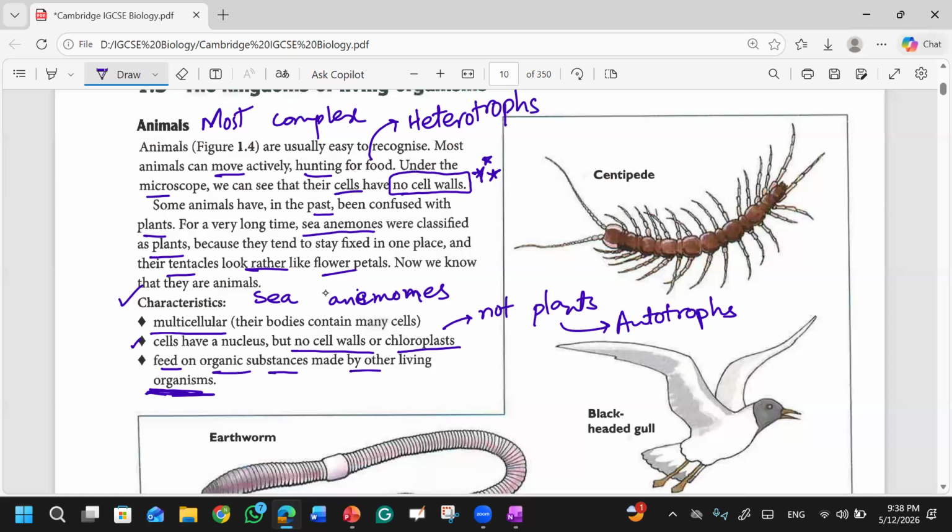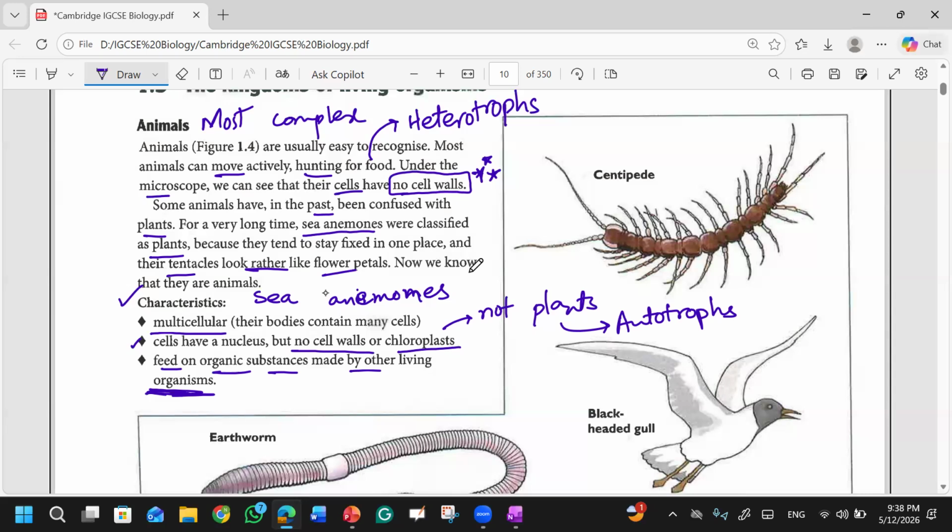They rely on other sources for food. But autotrophs are those organisms which can prepare their own food. Clear? Heterotrophs have to find their source of food, and autotrophs can make their own food.